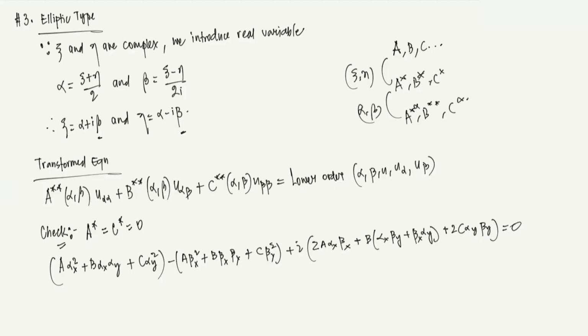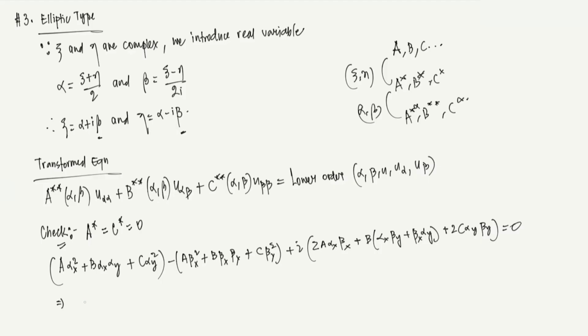And similarly, you can have a similar sort of thing. One second, I did some mistake somewhere. Yes, this is fine. Yeah, the calculation is okay. So that will imply what?